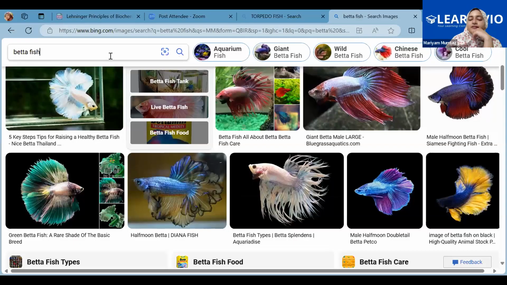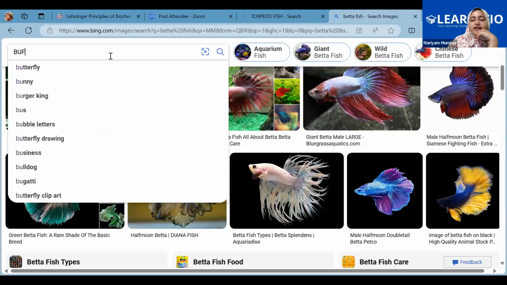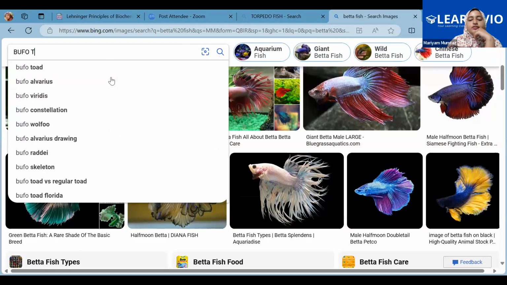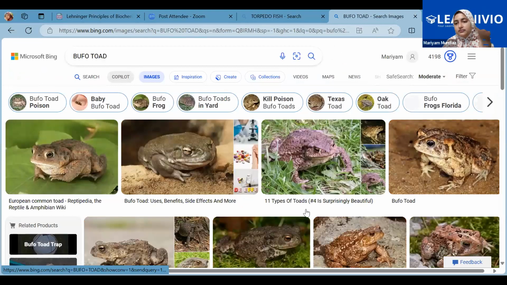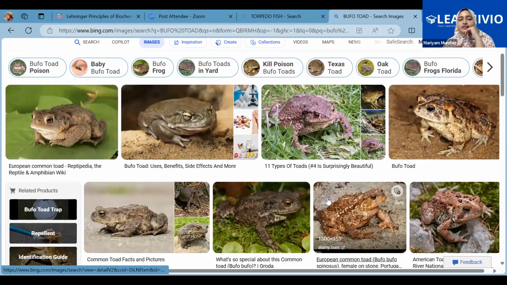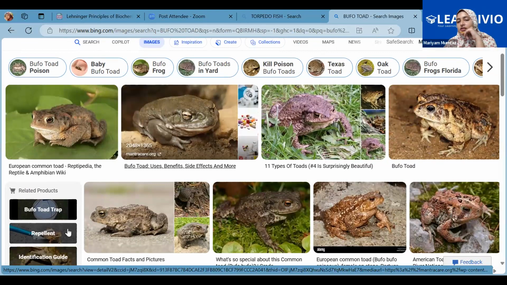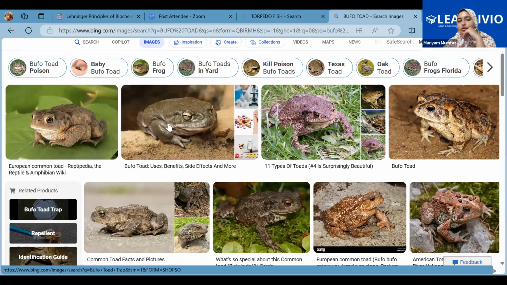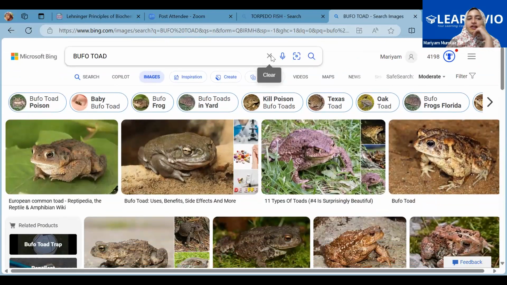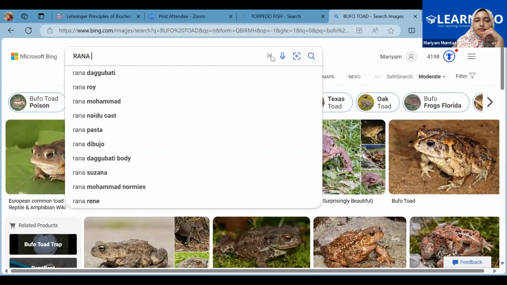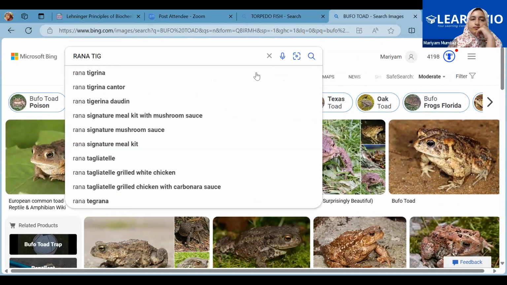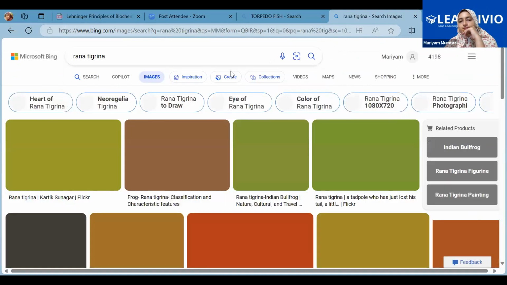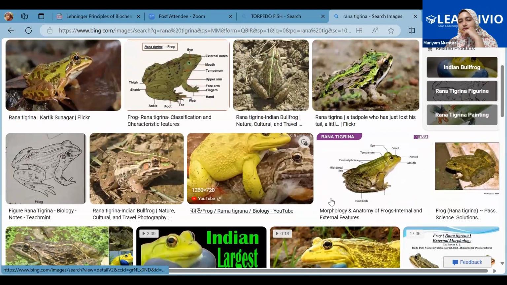All right, let us look at some of the examples. We have bufo. That is toad. This is your bufo. You should know the difference between toad and frogs. So this is a toad. It's not a frog. Then we have Rana tigrina. This is a frog.